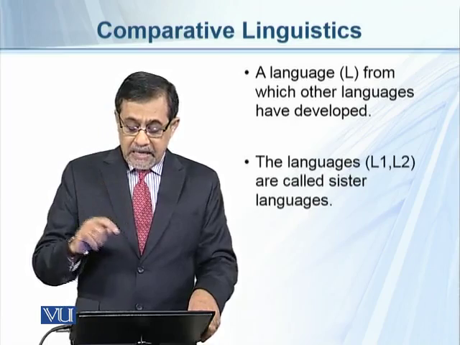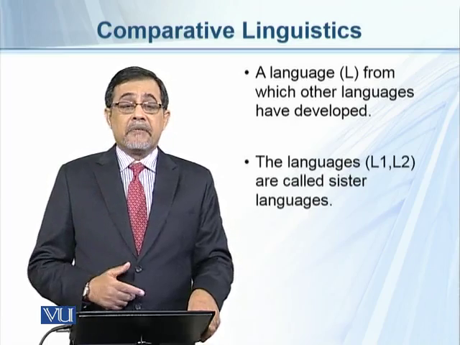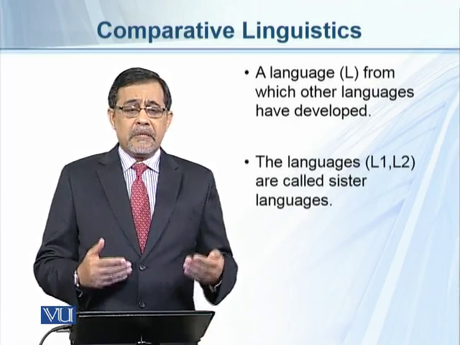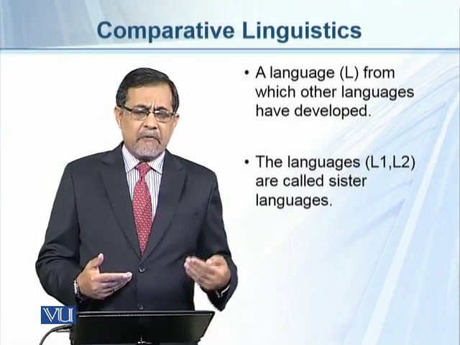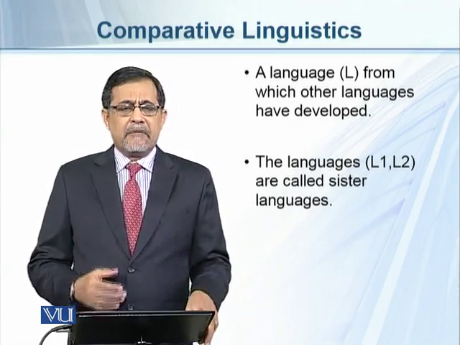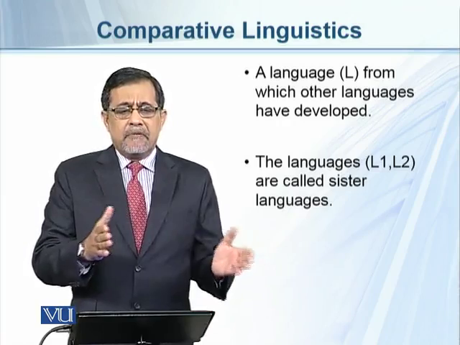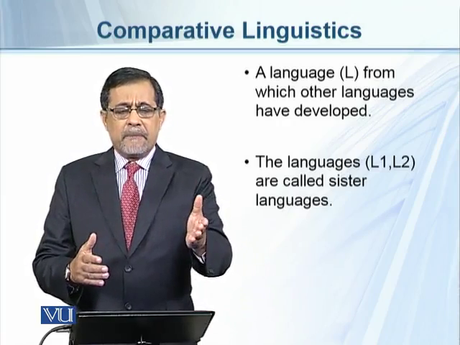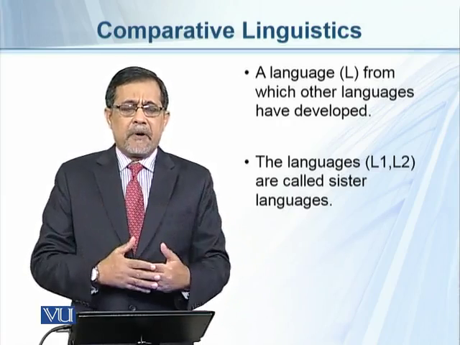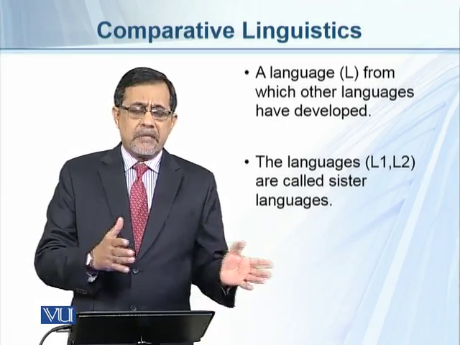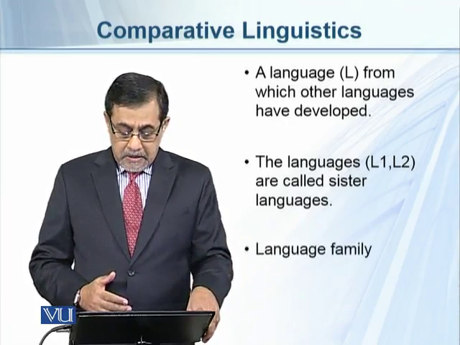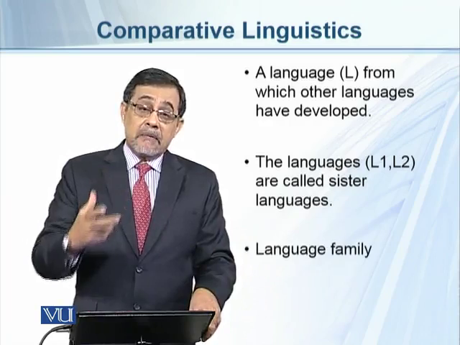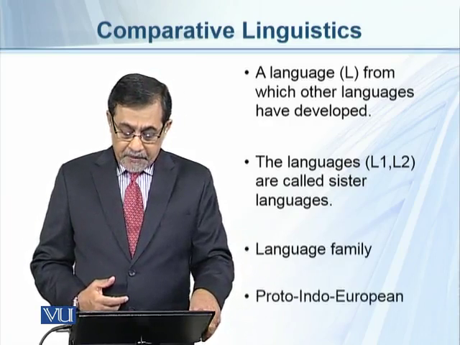Languages L1 and L2 are called sister languages. So the languages that have come from that parent language are called sister languages. For example, we know that both French and English have come from the same parents, so they are sister languages. Together they make a language family.